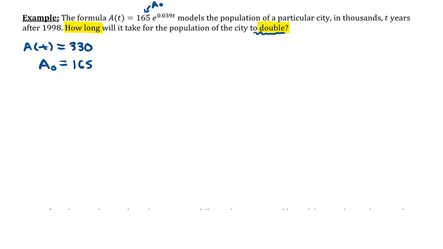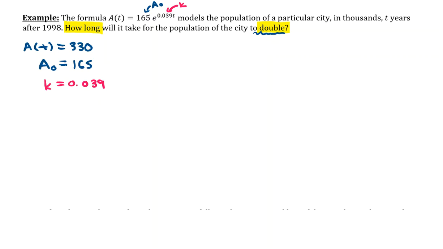We do also have a value of k that's in the power of e right in front of the variable t. I'd like to point that out. Our value of k is 0.039. Now notice that the value of k is greater than 0.